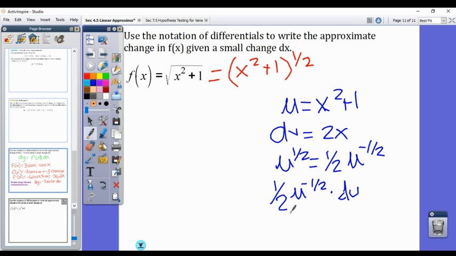So in this case, it would be 1/2 times x squared plus 1 to the negative 1/2 times 2x. Okay, so I'm going to rewrite that.